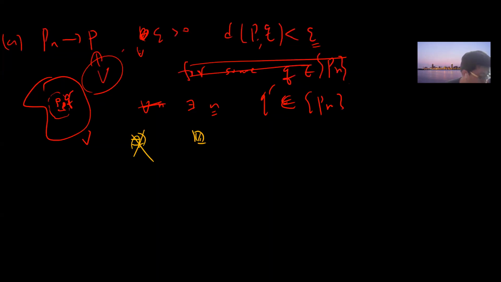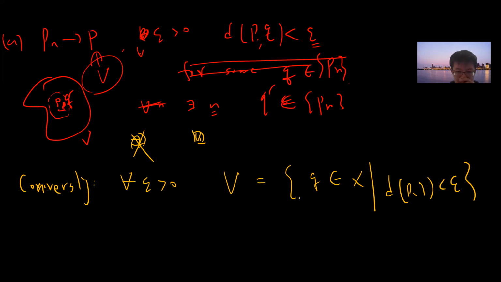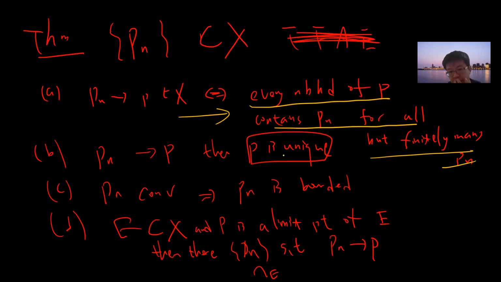Okay, so let's say conversely, every neighborhood of P contains all but finitely many Pn. That means for epsilon greater than 0, let V be the set of all q belonging to X such that d(p,q) is less than epsilon. By assumption, every neighborhood of P contains Pn for all but finitely many Pn.